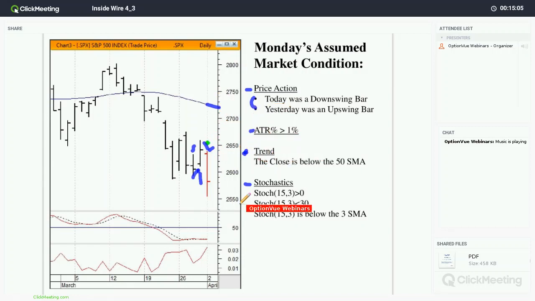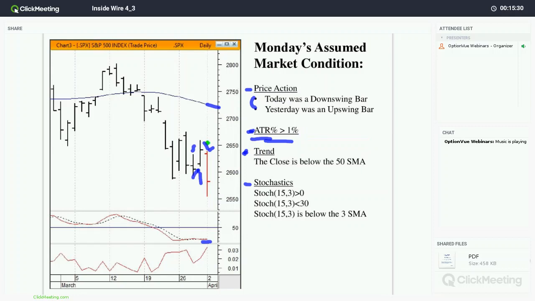In terms of the stochastic, we are in the oversold level between 0 and 30, trending underneath our moving average, technically, if you were to blow that up. Additionally, I threw in the price action of the fact that we have a very large bar here that's well over a 1% average true range for that given day.